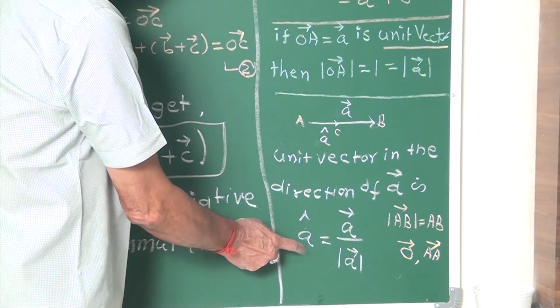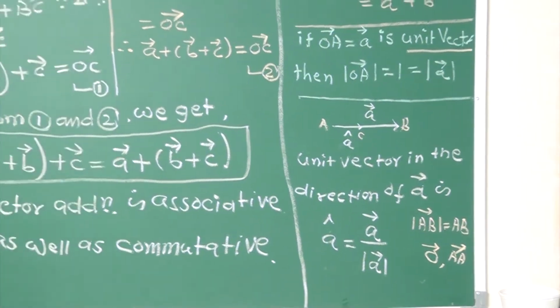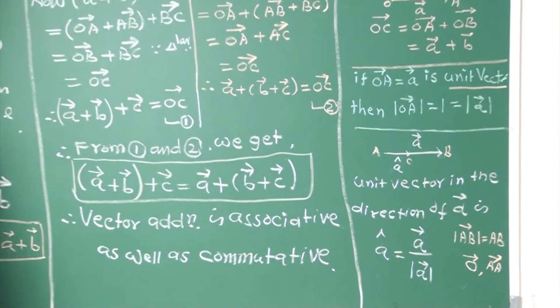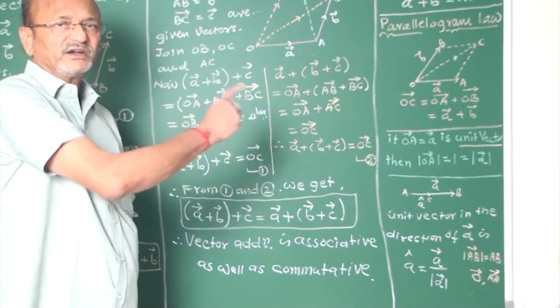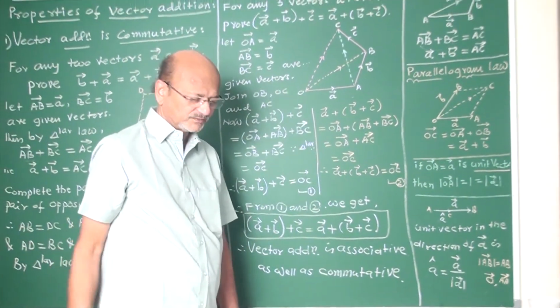This is the definition of what, my friends? Unit vector in the same direction. These are the things we already explained in the previous class, my friends. Just reminded. Then for the rest of the things we use these results, my friends.